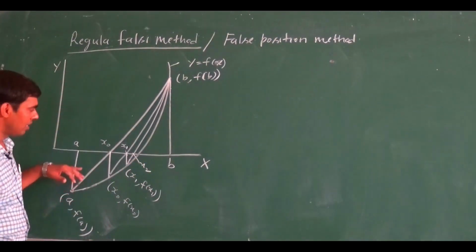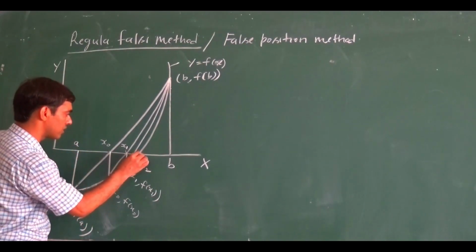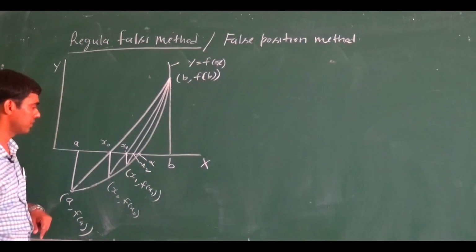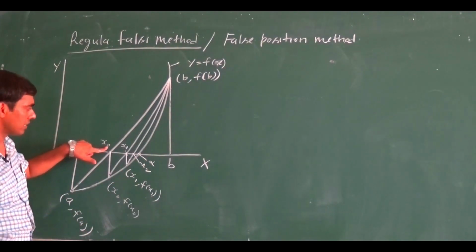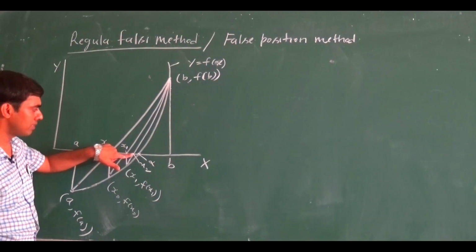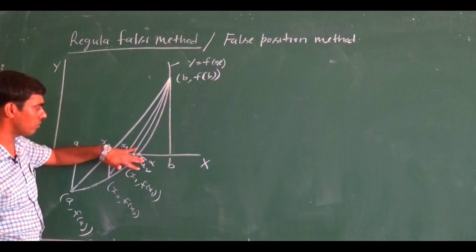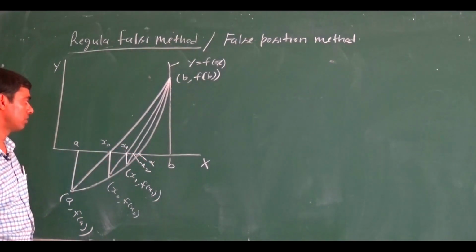So, what we observe, this is our actual root. Suppose this is alpha. The first approximate value is x0, the second approximate value is x1, the next approximate value is x2. Slowly we approach our actual root.